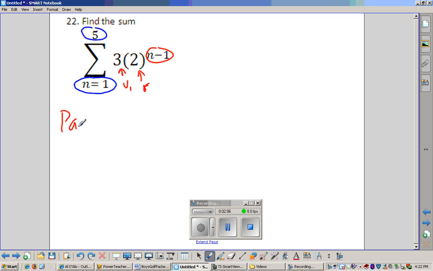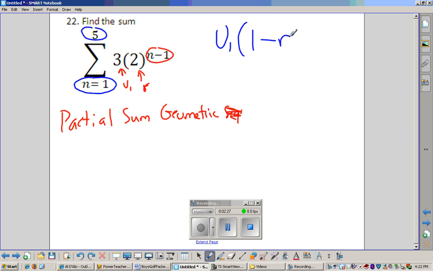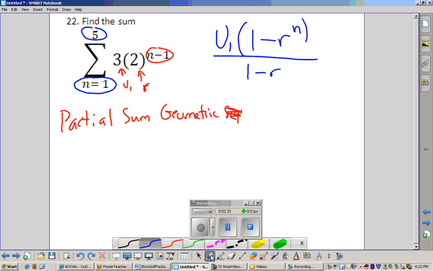This is a partial sum of a geometric series. The formula we need is u sub 1 times 1 minus r to the n, all over 1 minus r. That's the formula we're going to use to find the partial sum.